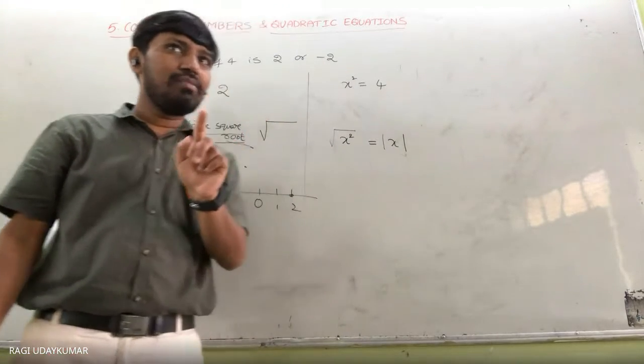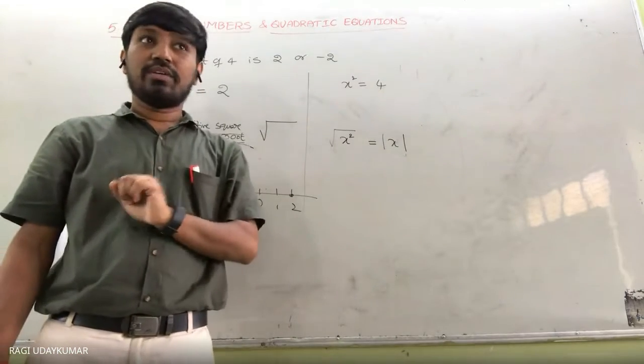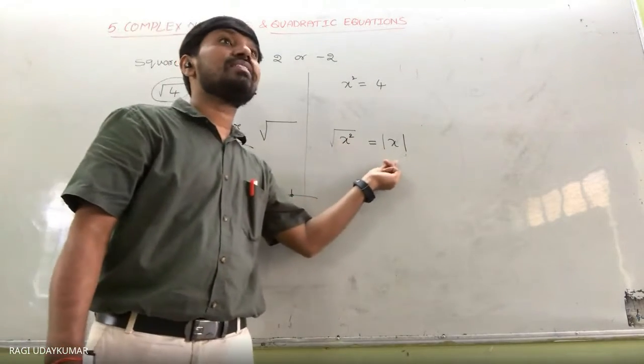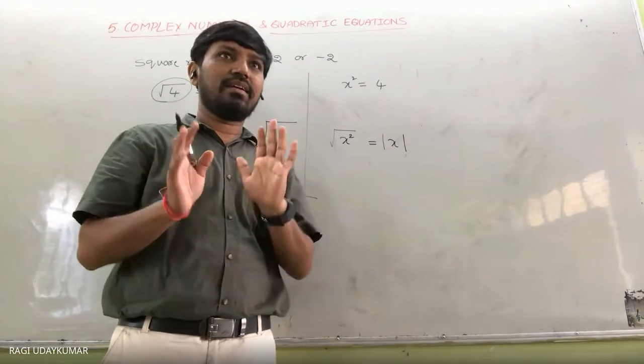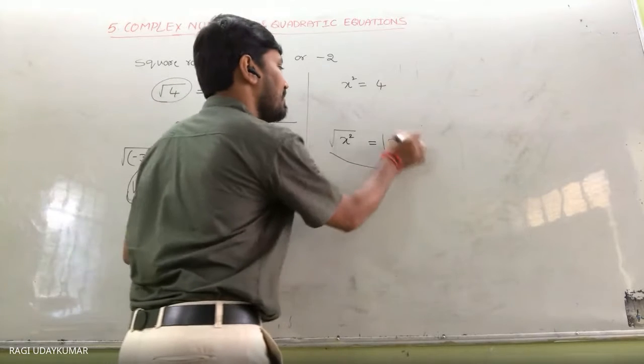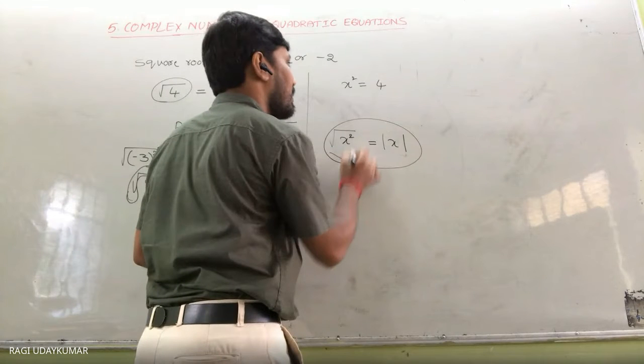Mod x will always give you the positive. So that is why square root of x square is equal to mod x. Is it clear?